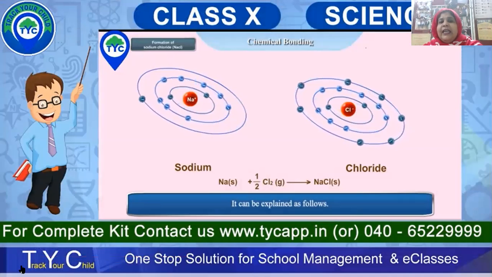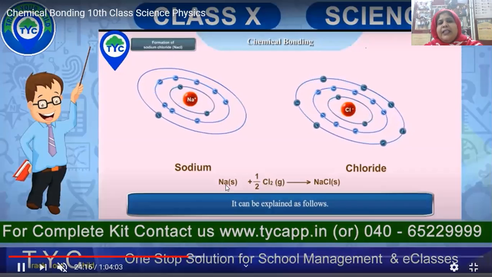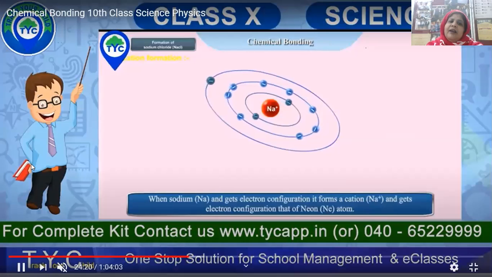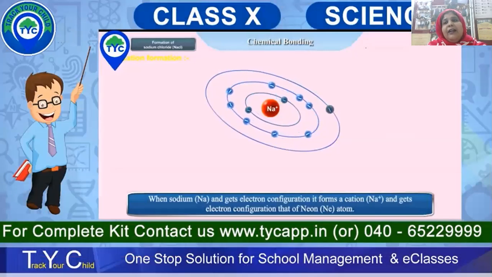So it can be explained as follows. If you can just see, this is how the formula is written. You will see that Na plus Cl gives NaCl, and when sodium loses an electron, it forms a Na+ cation with the electronic configuration of neon, which is only Ne.